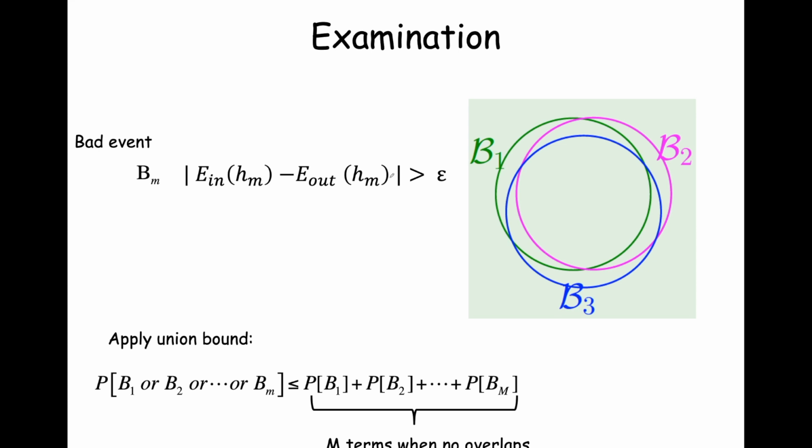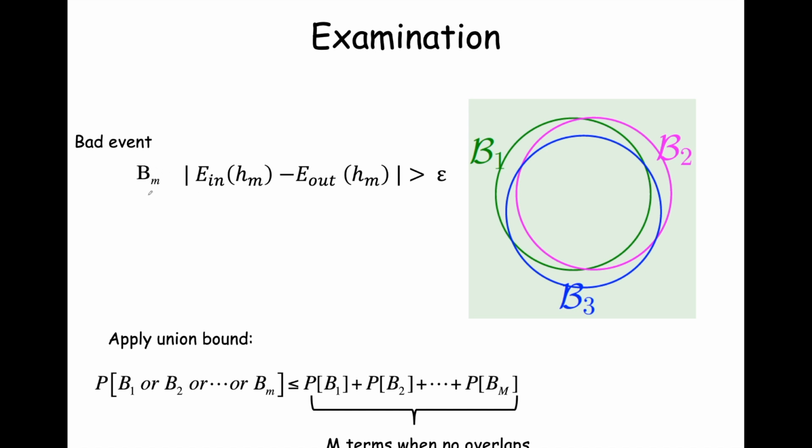Okay, so let's examine more correctly this notion of a bad event. And let's now describe this condition over which we define our probability for Hoeffding's inequality, that E in tracks E out for a given hypothesis. Let's call that our bad event, and we'll just note that as B_m.